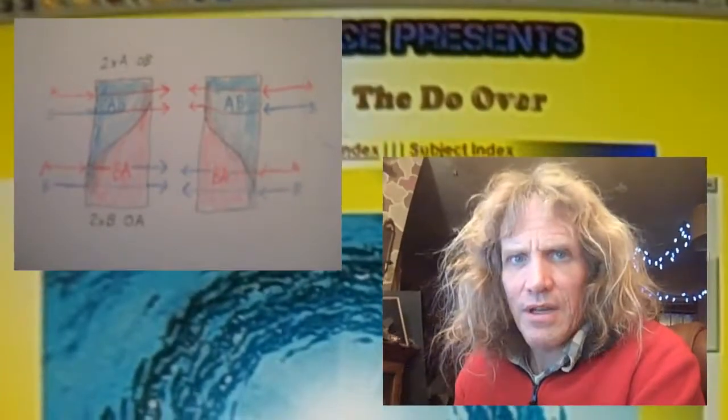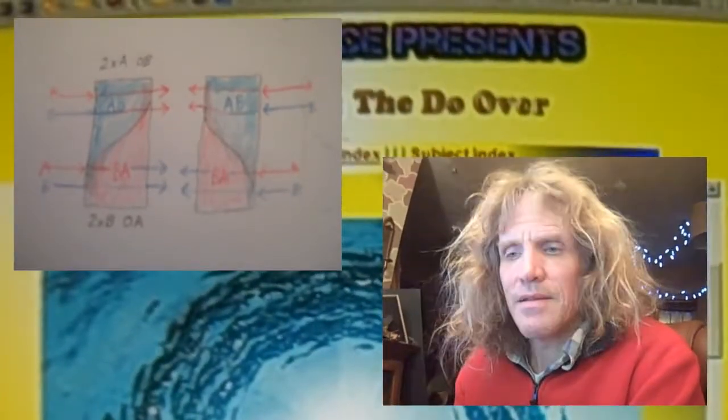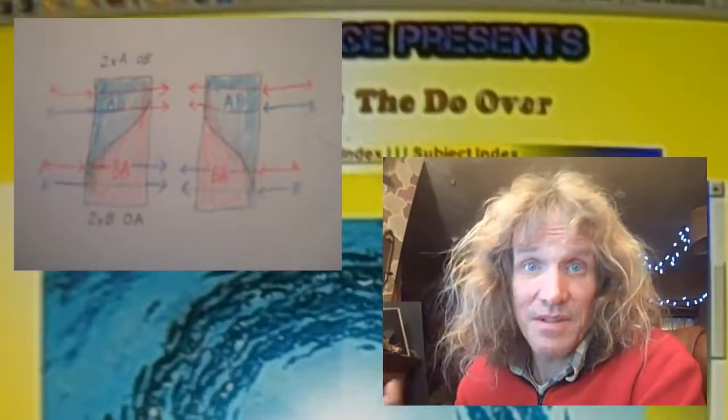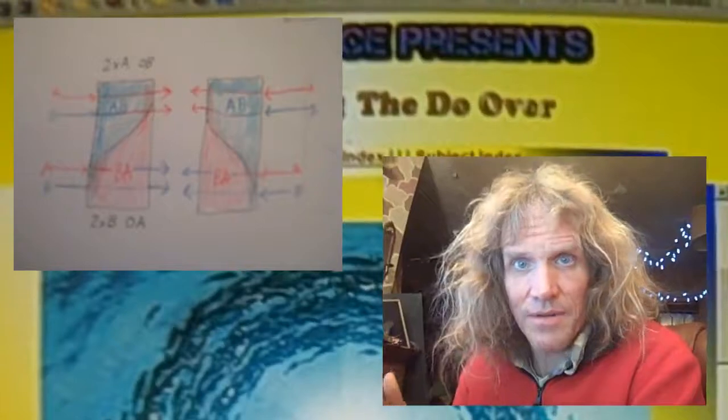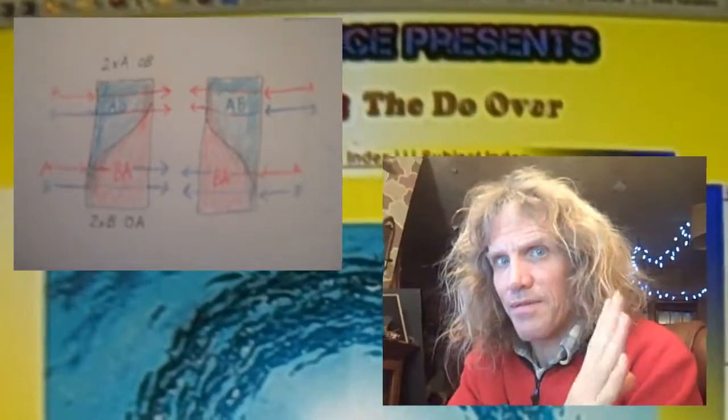And I'm sort of going to argue that that's what a magnet is. The matter substantially has been changed. The matter on one side and the other side is aligned differently, kind of like a light polarizing filter.